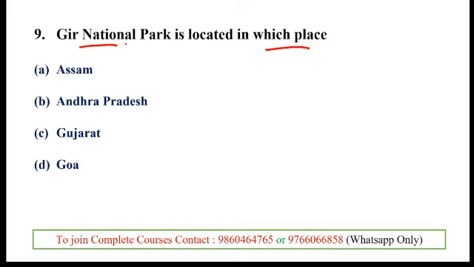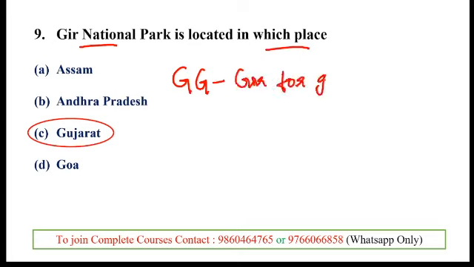That's why there are plenty of Asiatic lions, and Gir National Park is found in Gujarat. So you can easily note: G for Gir, G for Gujarat. Clear then? Here the Asiatic lions are found.